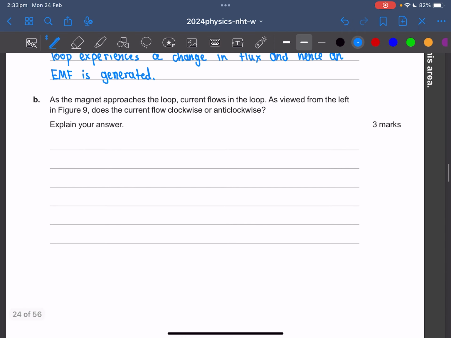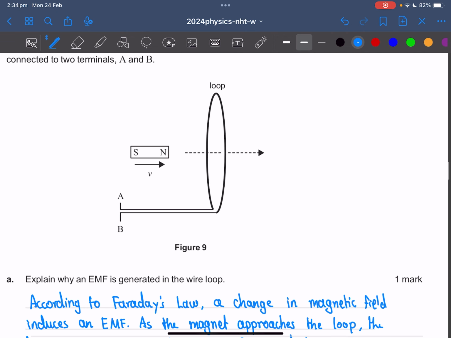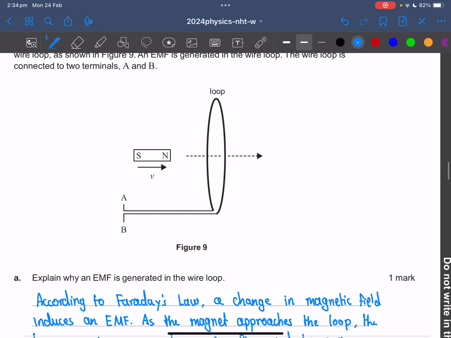As the magnet approaches the loop, current flows in the loop. As viewed from the left in figure 9, does the current flow clockwise or anti-clockwise? Okay, cool. Using the right hand rule, if I put my thumb in the direction of velocity, the fingers curl in the clockwise direction. But this is not going to be the case, because moving the magnet to the right is increasing the flux towards the right.